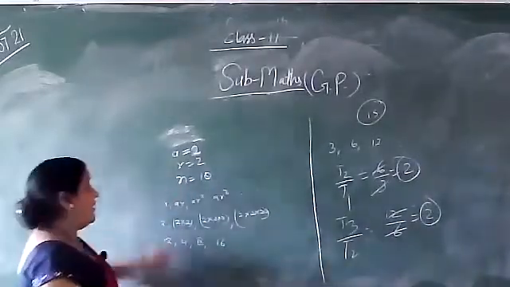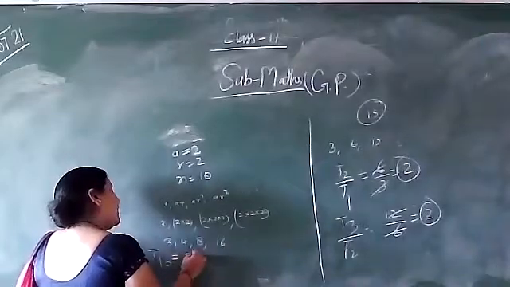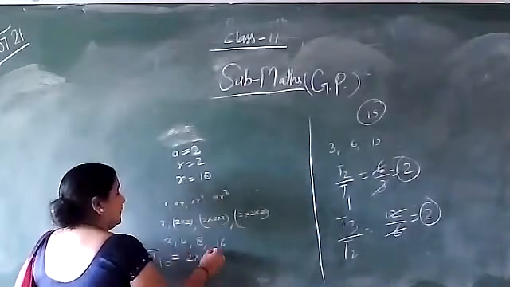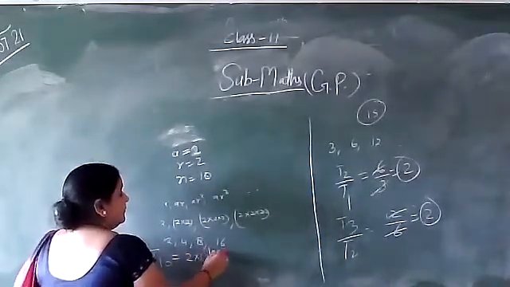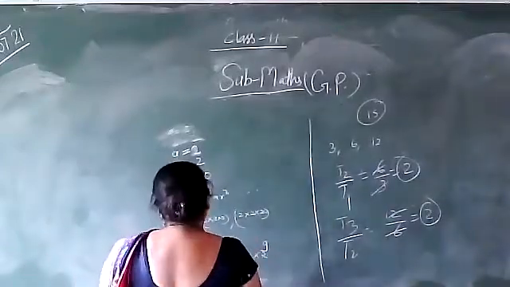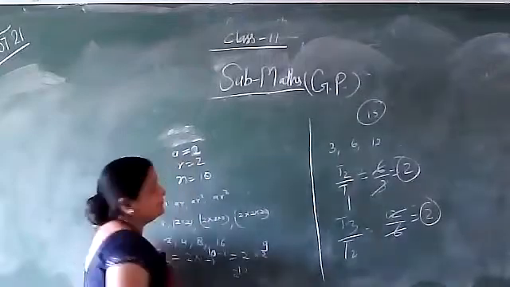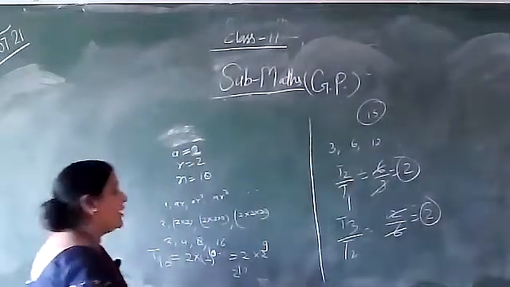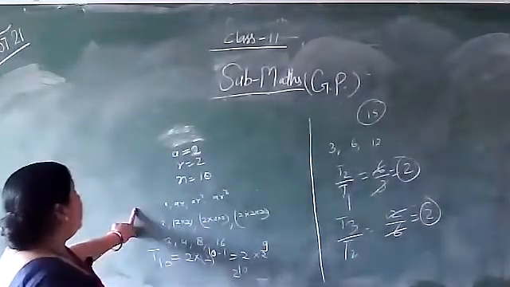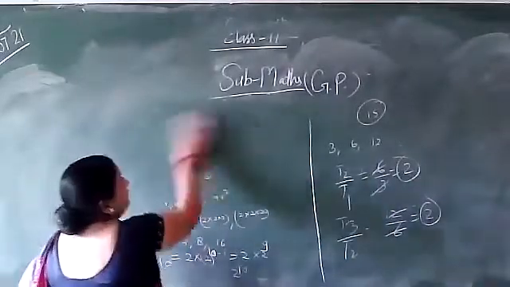And if I ask you to find the 10th term, then you use Tn equal to A into R to the power n minus 1. 2 into 2 to the power 9. So we get 2 to the power 10. Okay. So when I ask you to write the series, then you take A, AR, AR square, AR cube up to infinite.